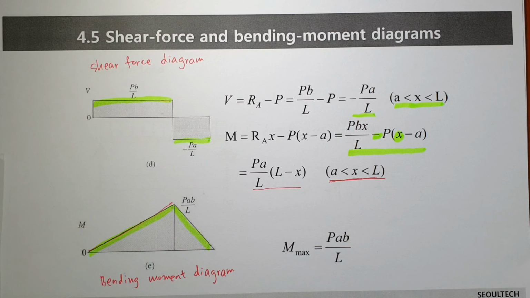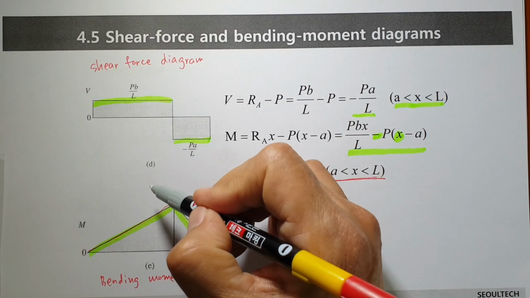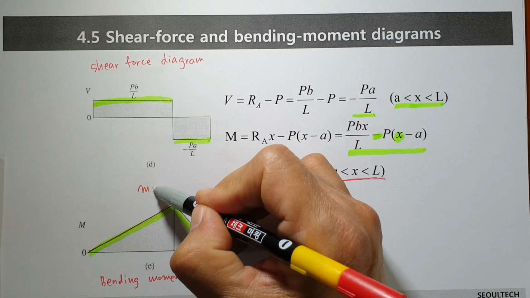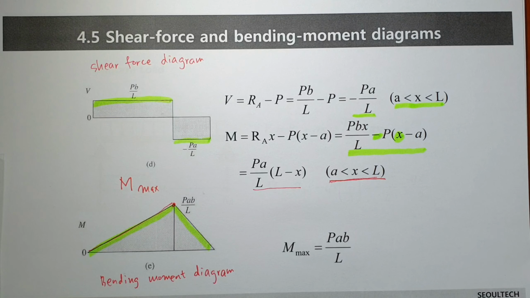Okay, now at this point we've considered shear force and bending moment. In most cases, bending moment diagram is very important, especially this point, the maximum value, maximum bending moment. Why is it so important? When you consider a beam element, it's like this one.